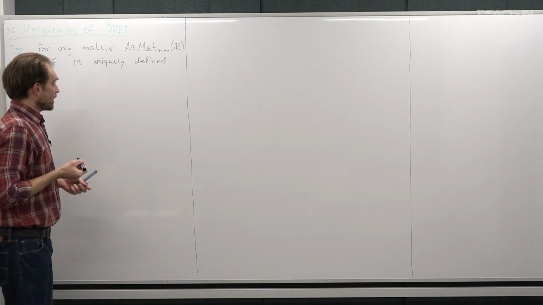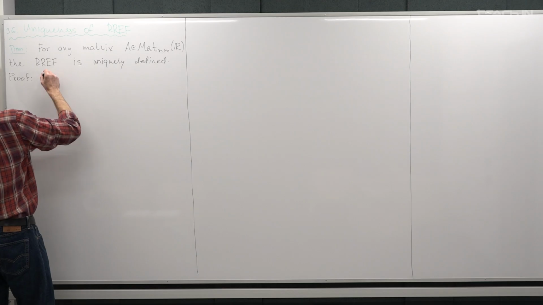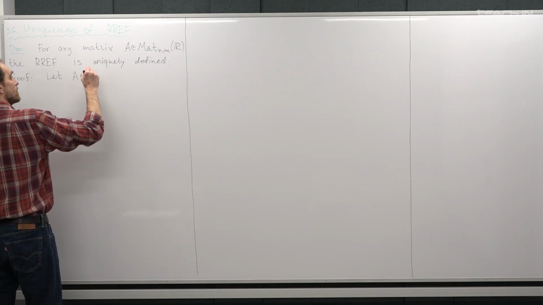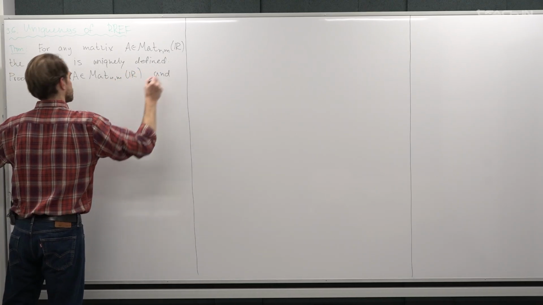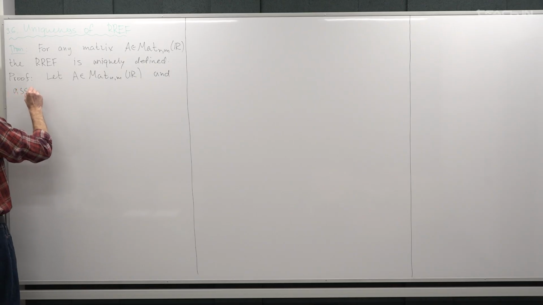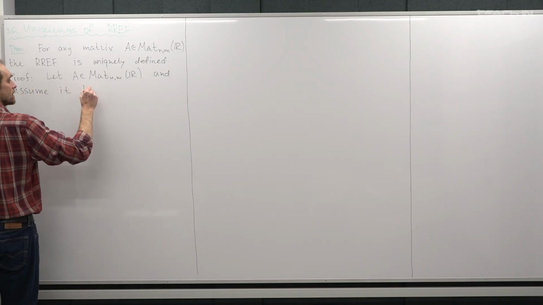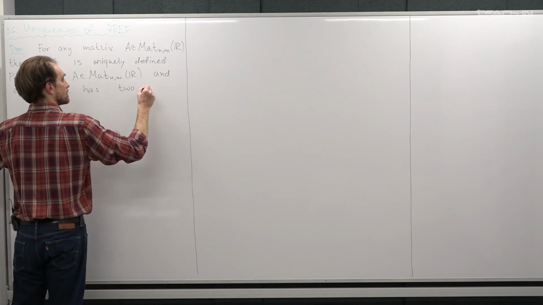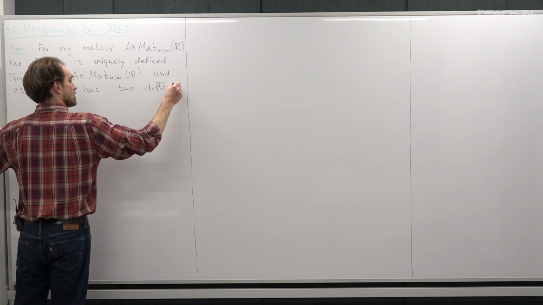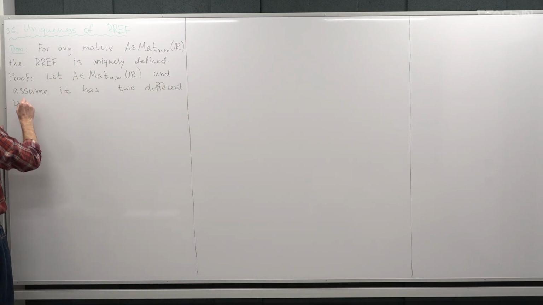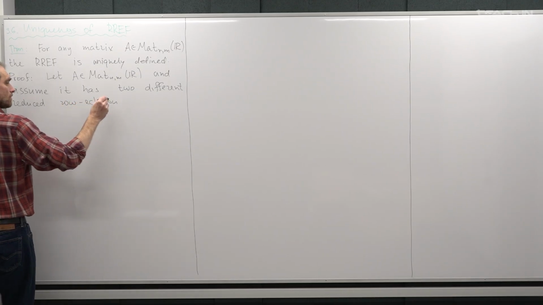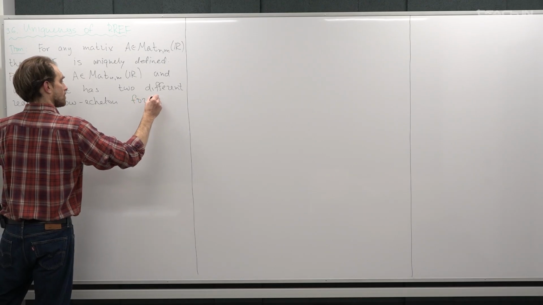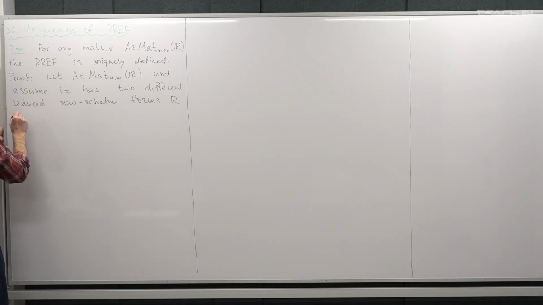We are going to prove this by contradiction, so let A be a matrix with n rows and m columns, and assume it has two different reduced row echelon forms R and S. So we're going to prove that this is not possible.